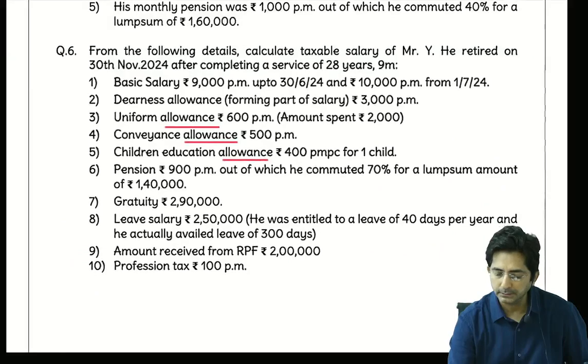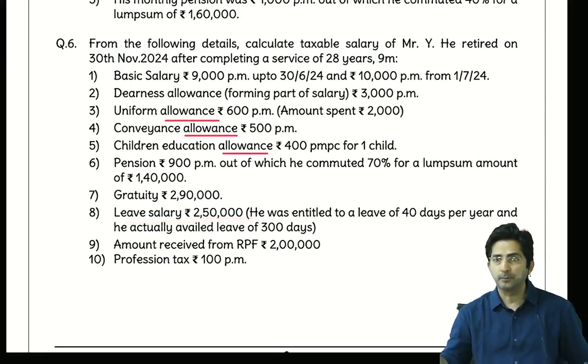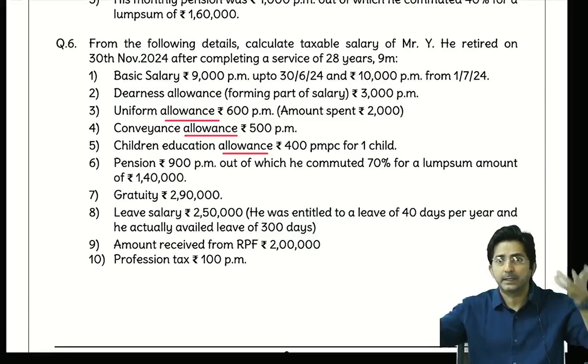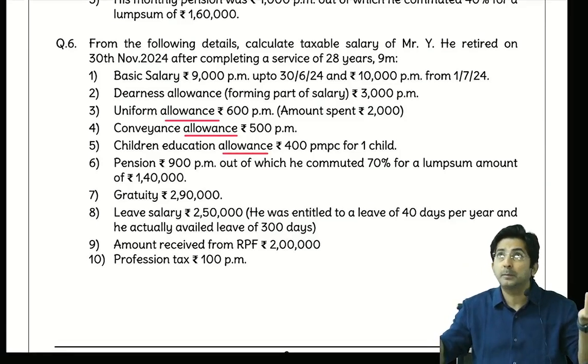Then there was leave salary in the question. And see what they have written, leave salary. For leave salary you should first check what you know. The chart which I am giving is the line of thinking. The way the chart is given, that is the way you have to think. So in my chart it was encashed during the service or encashed on retirement. First check that.